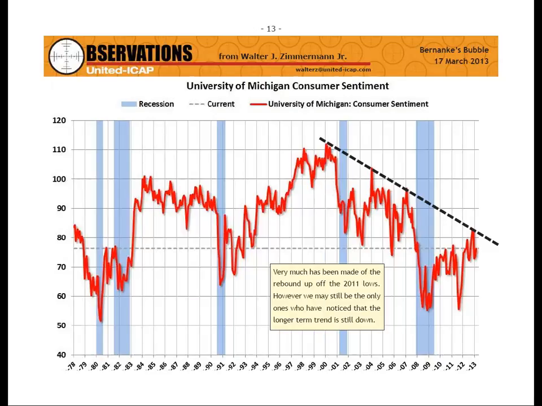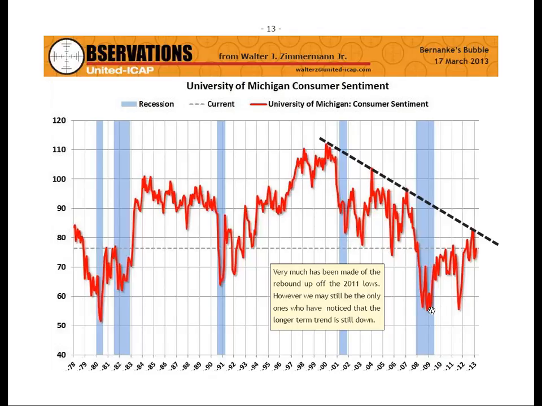So the consumer, I think, is very much aware of the difference between nominal and real, and that's why consumer sentiment has been in an uninterrupted downtrend since the internet bubble peak. Yes, there's been rebounds.